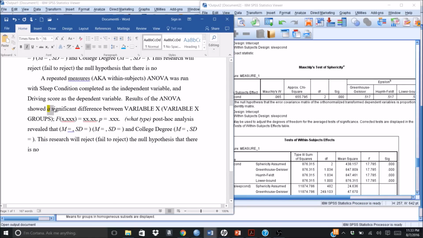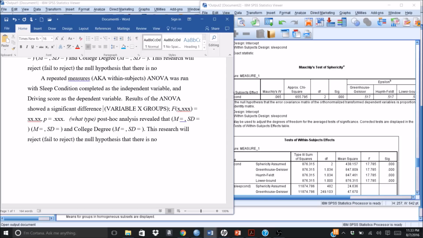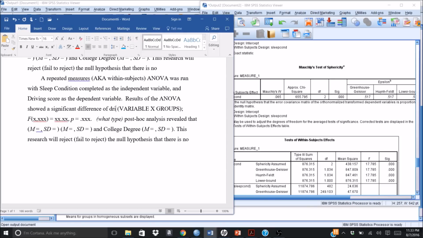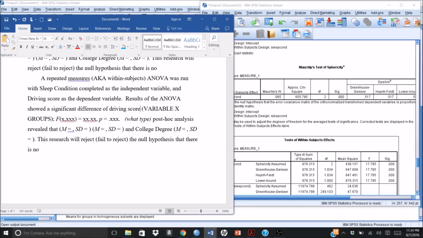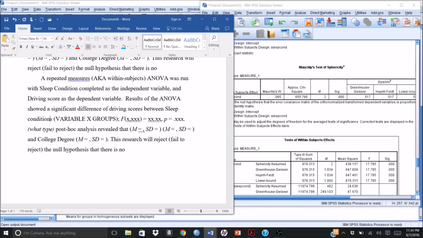We can show that there is a significant difference of driving scores between sleep conditions.